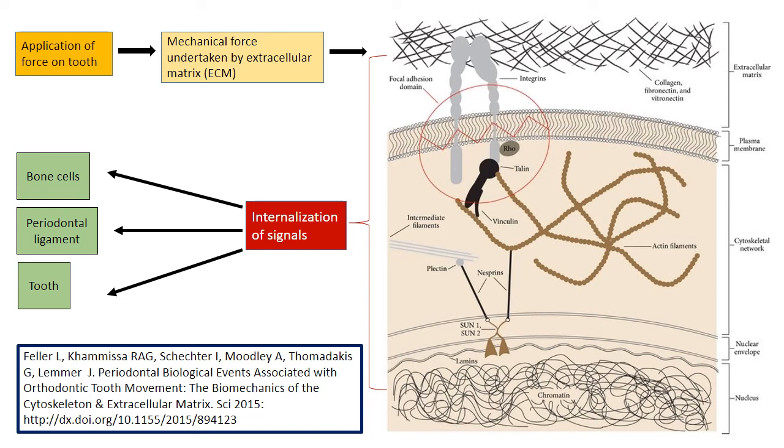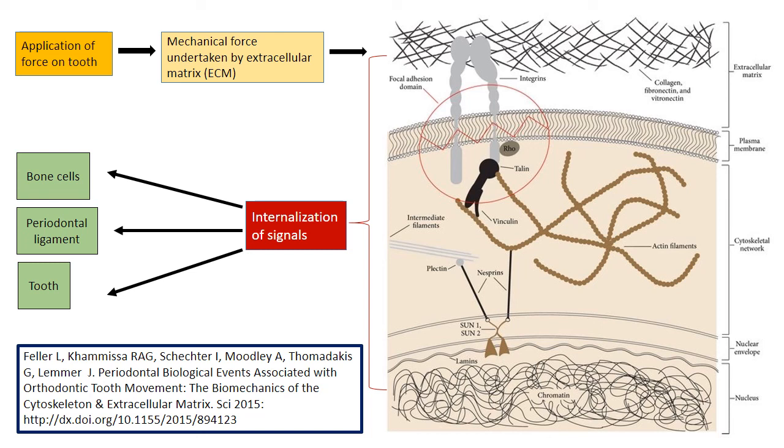How? Integrins will take that. It will reformulate its protein structure. On the inside, it has talin, one protein, which is again going to attach to the cytoskeletal proteins like microfilaments, intermediate filaments. So all these are going to get disturbed, and once they get disturbed, the protein structure gets changed.